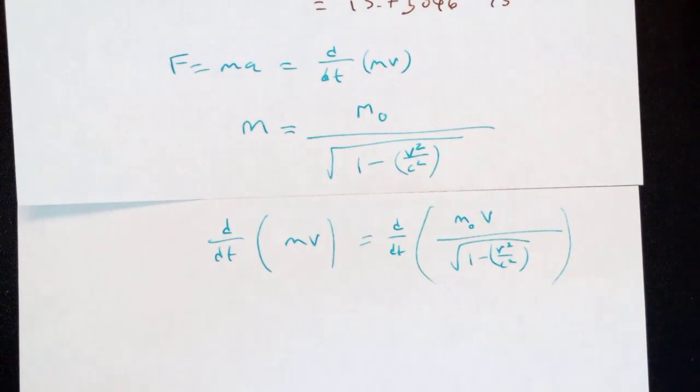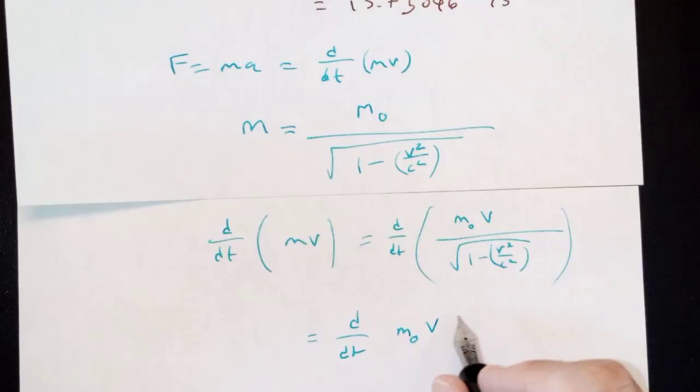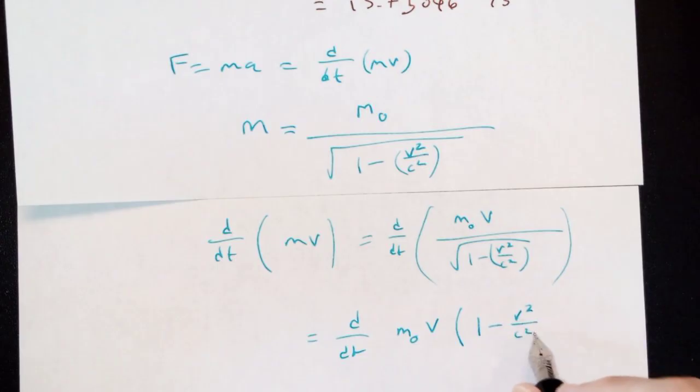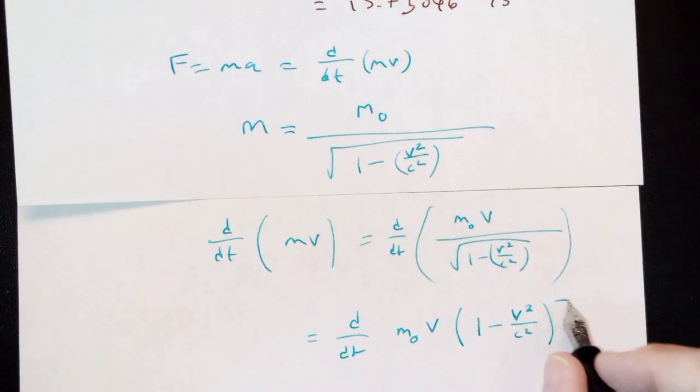Okay, product. That means I'm going to take that square root thing out of the bottom, which means I'm going to have stuff to the what power? There's a root. So this is the derivative of m naught v times 1 minus v squared over c squared to the negative 1/2.